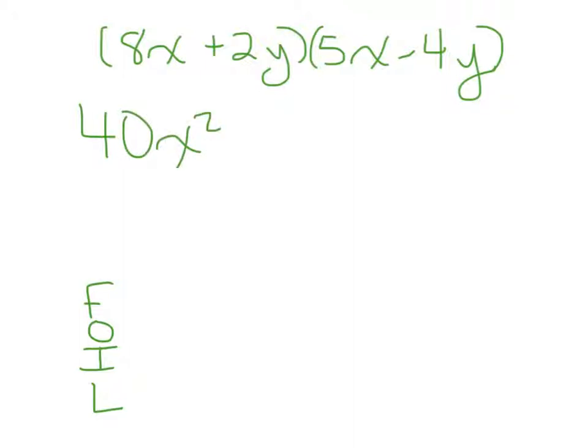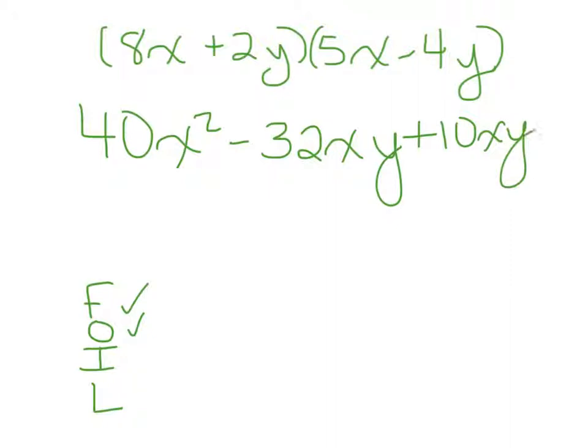Our outside terms are going to be 8x and negative 4y. Multiply 8 and negative 4 together, you get negative 32. x times y gives you xy. Okay, nothing special there, just stick them right next to each other. Now our inside terms are 2y and 5x. 2 times 5 is 10, and x times y is again xy.